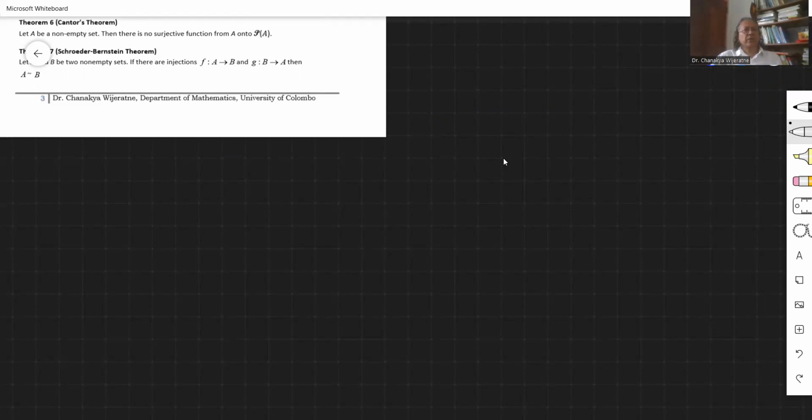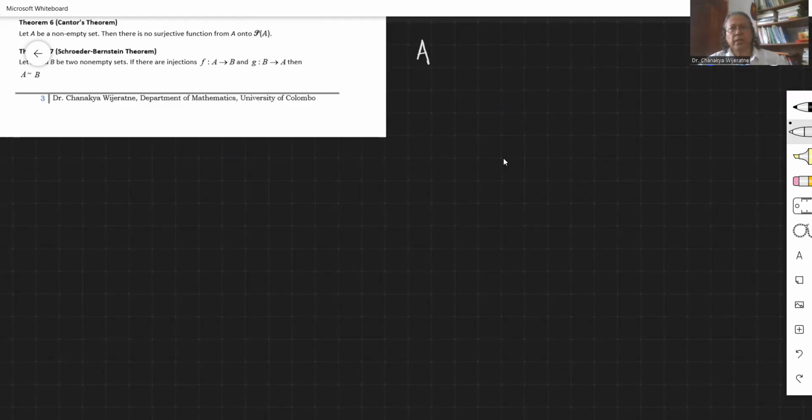Now, when you think of this theorem, it should occur to you that if A is a finite set, then the conclusion in this theorem is quite obvious.